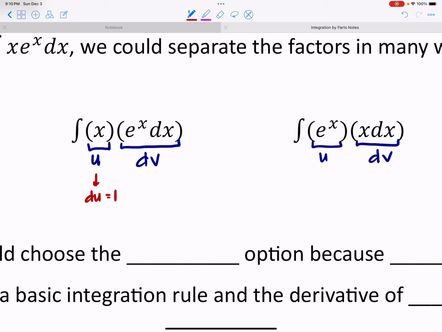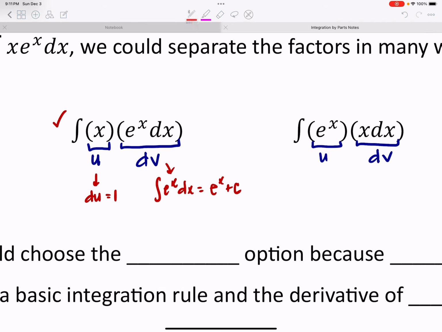And then dv needs to be the more complicated part of the integrand, and e to the x is more complicated than x, and it needs to be something I can integrate pretty easily, which I can. The integral for e to the x dx would just be itself, e to the x, technically plus c. So this one meets both guidelines right off the bat, so this is looking like a good option.